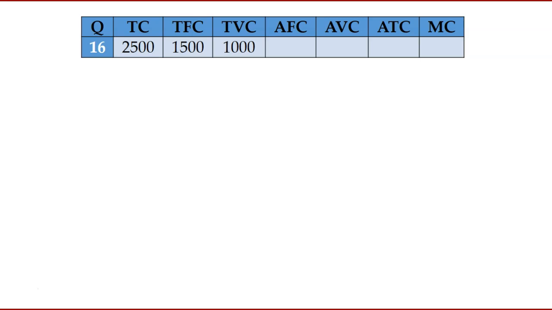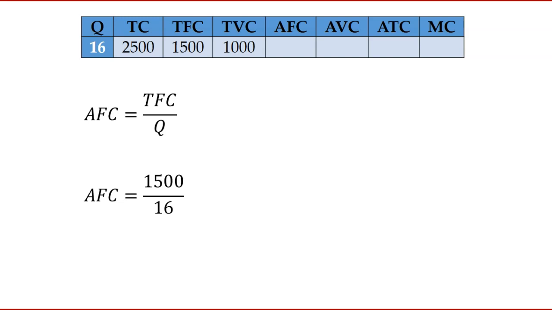And we'll do the same thing here with costs, except now we're talking about cost per unit of output. So we're dividing by the amount of output produced. So that's total fixed cost divided by output will give you the average fixed cost. In this example, it's 1,500 divided by 16 units of output. So the average fixed cost is 94.